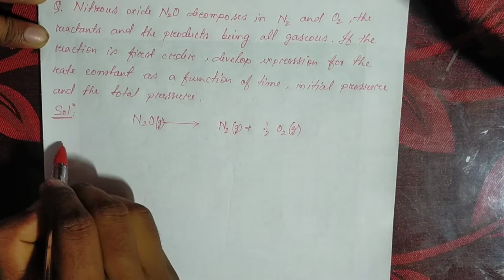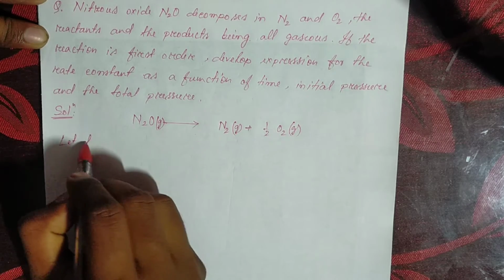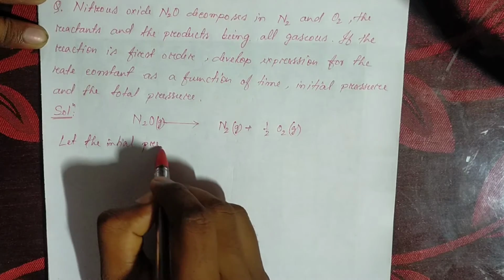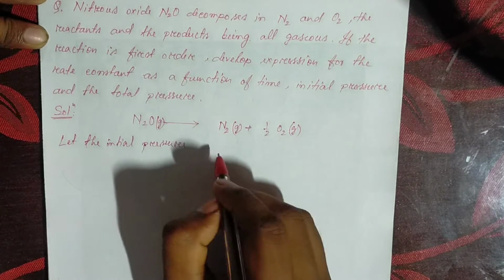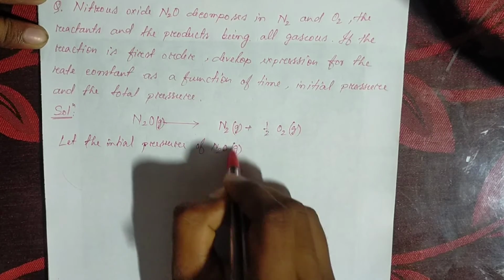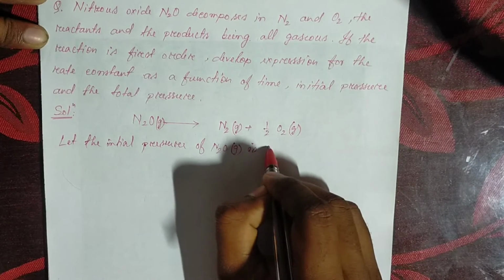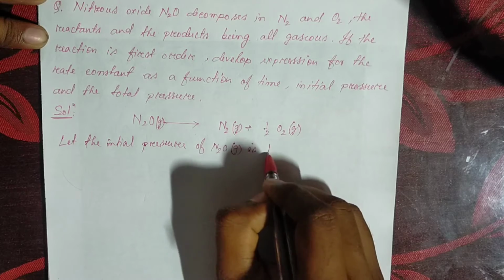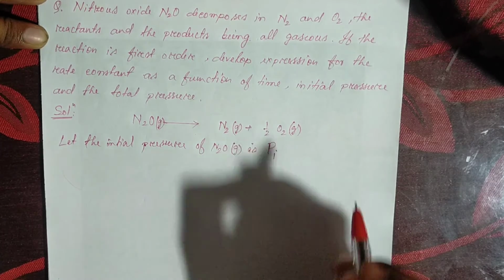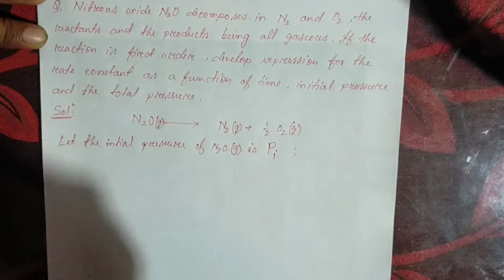Okay, so let the initial pressure of N2O gas be P initial. Okay, P initial.